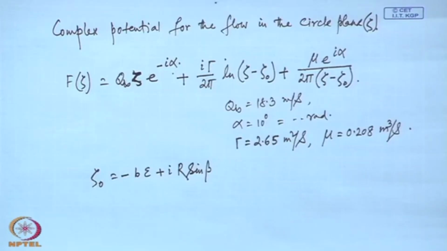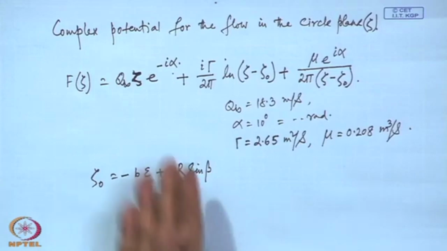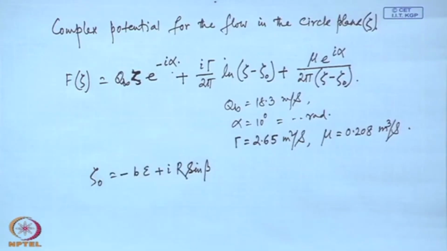You can take out the real and imaginary part, split it, or you can leave it in the complex potential form itself and then transform it back to the airfoil plane. After this, what we did for the first two problems, that sort of thing we have to do. We have to now transform back from zeta to z using that Joukowski's transformation once again. That of course will be quite involved, just substituting this.